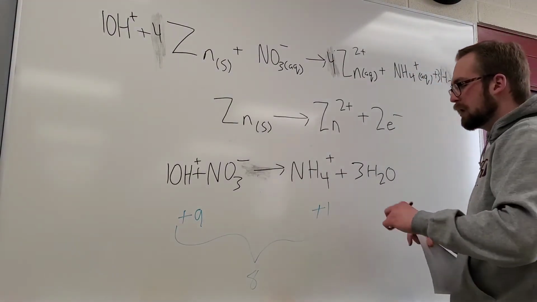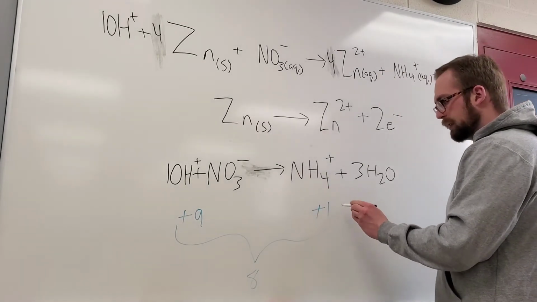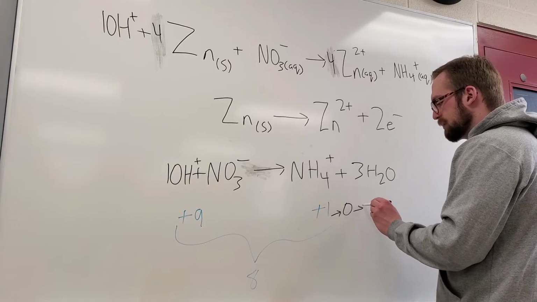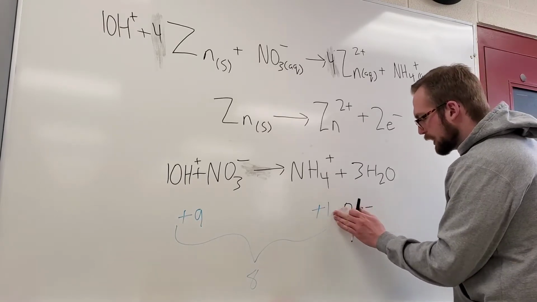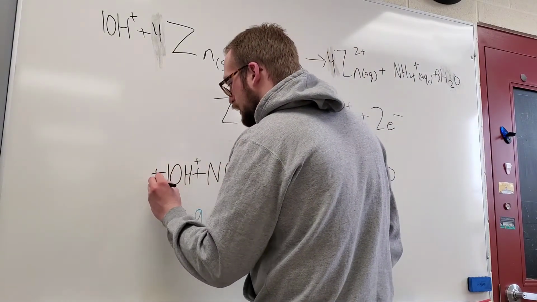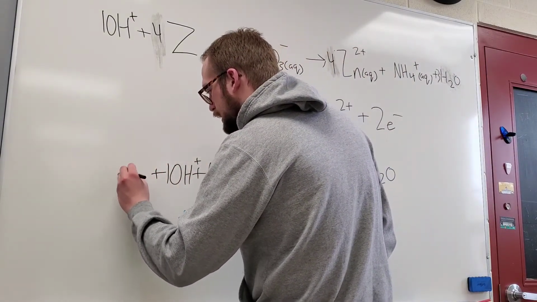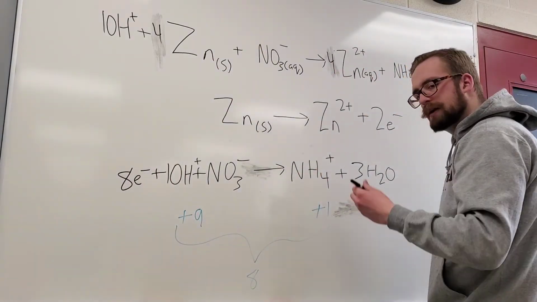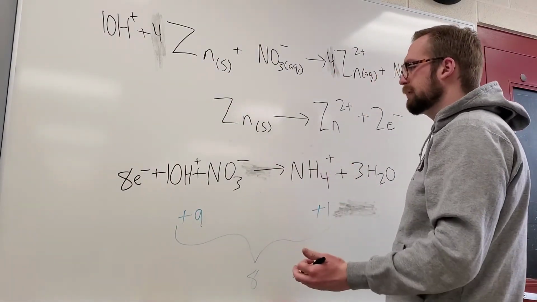Electrons are negative, so if I add electrons to this side, this 1 becomes 0, which then becomes negative. So we don't want that, so we're not going to add our electrons there, which means we have to add our electrons onto this side. So I add my 8 electrons from 1 to 9, or 9 to 1. There's 8 in between, so I need to have 8 electrons there.